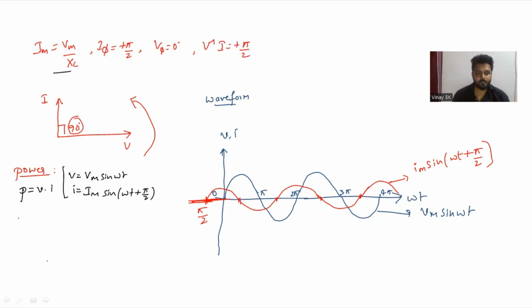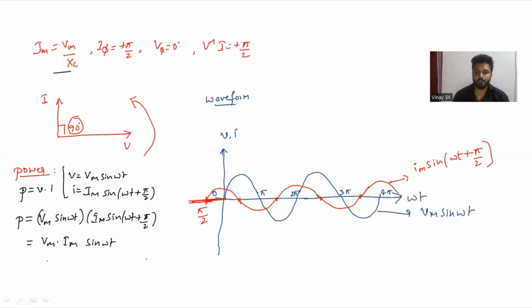So you substitute here, you can get the instantaneous value of power, which is given by Vm sine omega t into Im sine omega t plus pi by 2. So you can read it as Vm into Im sine omega t into sine omega t plus pi by 2.